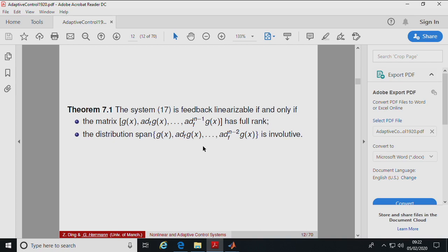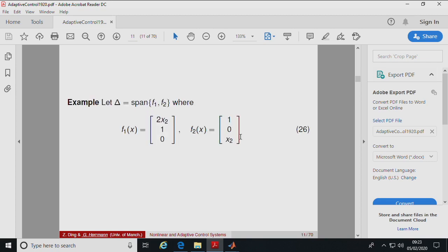One of your colleagues yesterday asked a really good question. We looked at these vectors, and this wasn't in relation to the analysis of a particular specific system, but here you have two vectors dependent also on an extra variable x2, and we computed the Lie bracket from it.